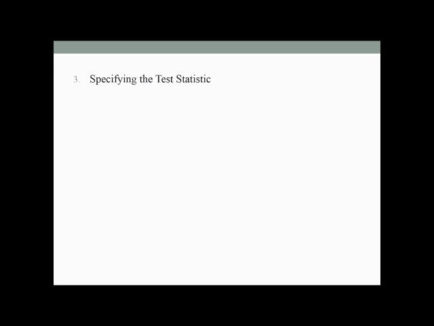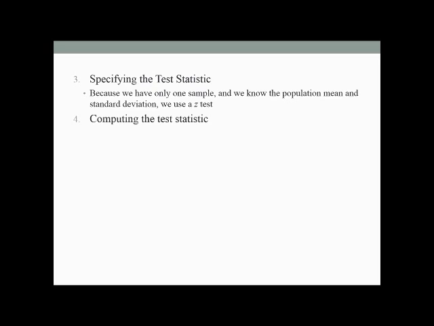Now, step 3, specifying the test statistic. Because we have only one sample and the other one is the population, and we know the population mean and standard deviation, we use a z-test. Now, computing the test statistic, just follow the formula. Population mean is 5.61, population standard deviation 1.95, sample mean 6.45, sample size 400.